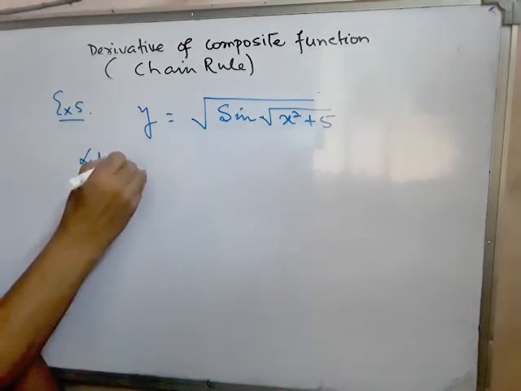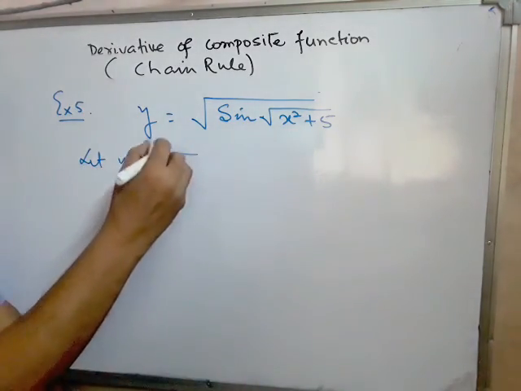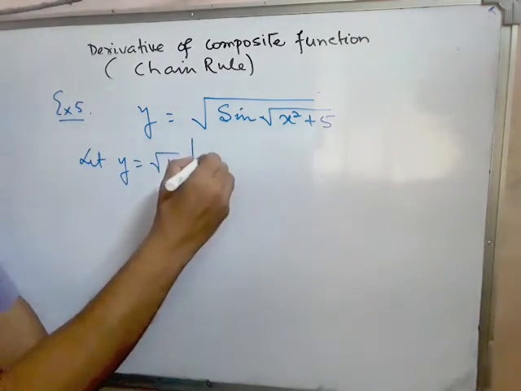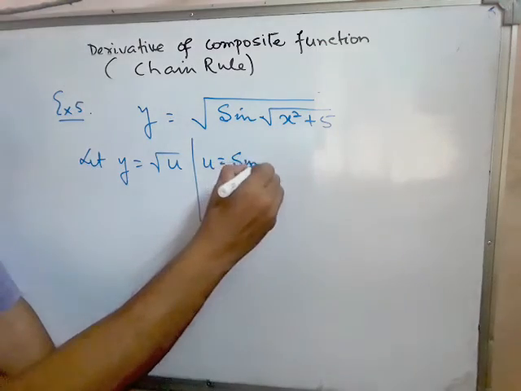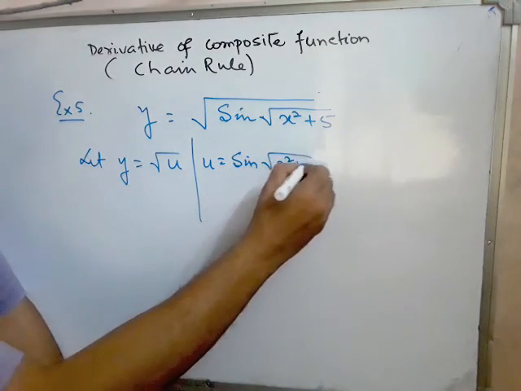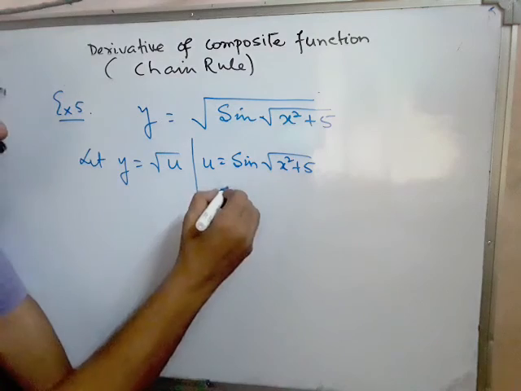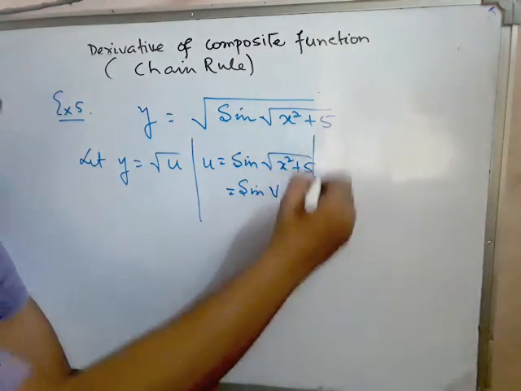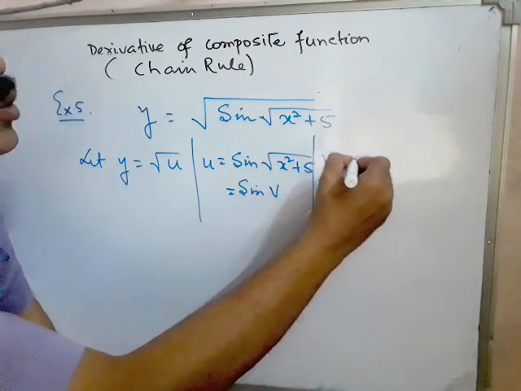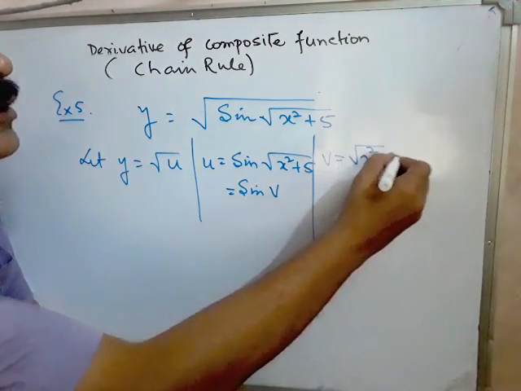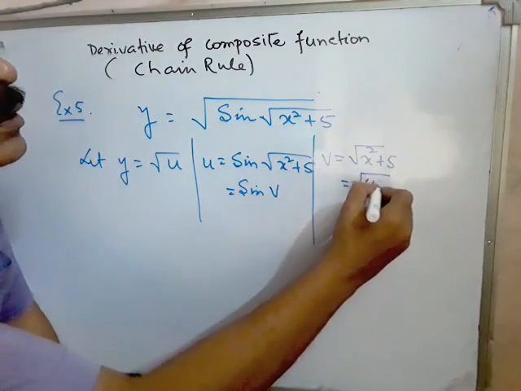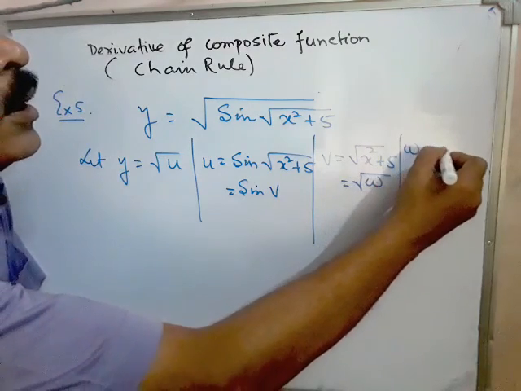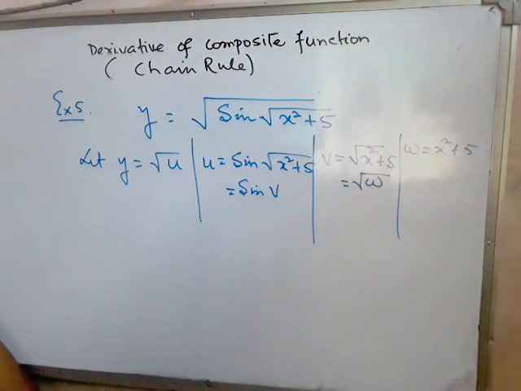Let y equal to root u, where u equal to sine root over x square plus 5, that is sine of v. V is what? Root over x square plus 5, root over w, and w is x square plus 5.